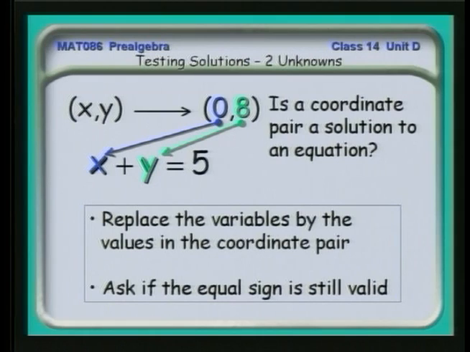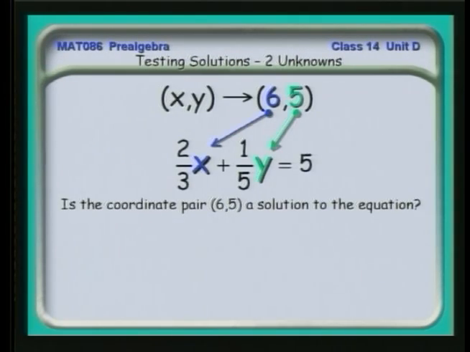Again, we can test these, and the idea here, when we test variables to see if it's a solution, we replace the variables by the values in the coordinate pair and ask ourselves, is the equal sign still valid? And you see in this case, of course, just by observation, 8 is not equal to 5, and this is not a solution. Let's try some others.